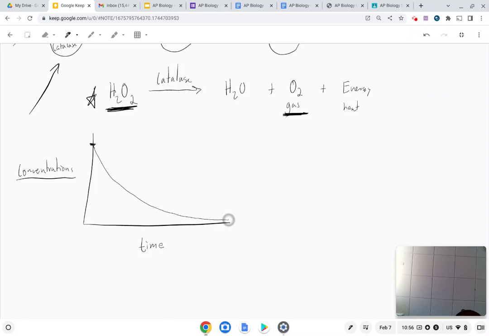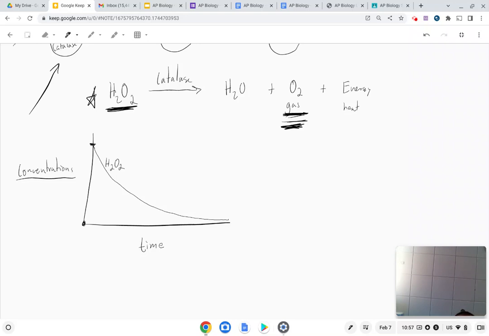And if the reaction is thorough, it may actually go all the way down to zero. In other words, every molecule of hydrogen peroxide will have reacted. Now, what's happening to the concentration of the oxygen? That's the product. Do we have any product at the beginning? No. So we're going to start down here with zero product.